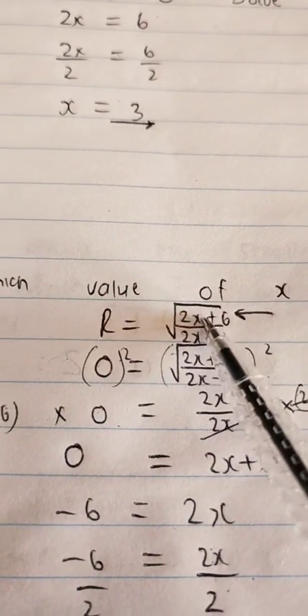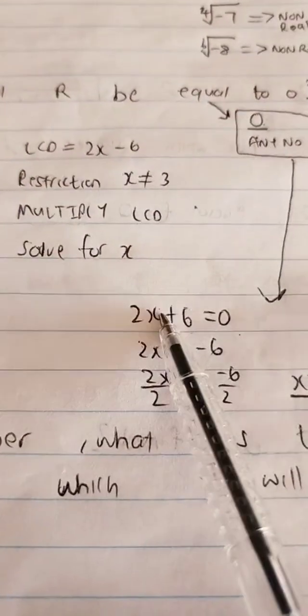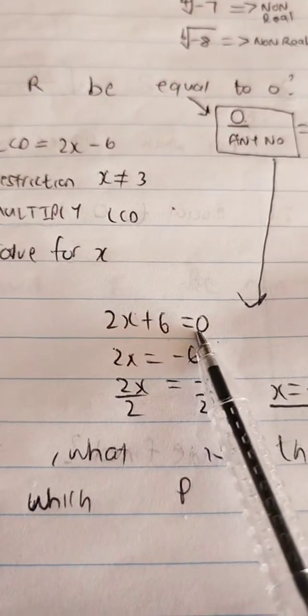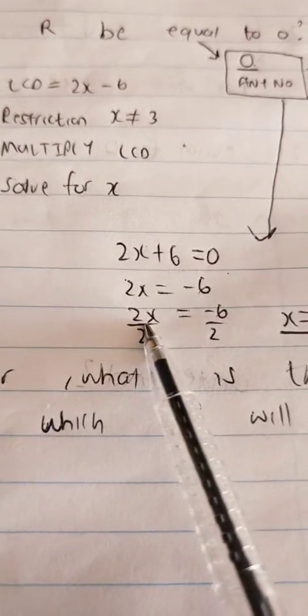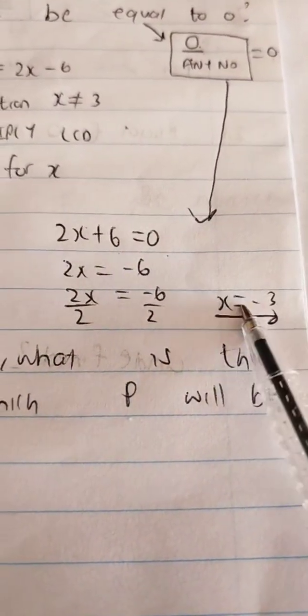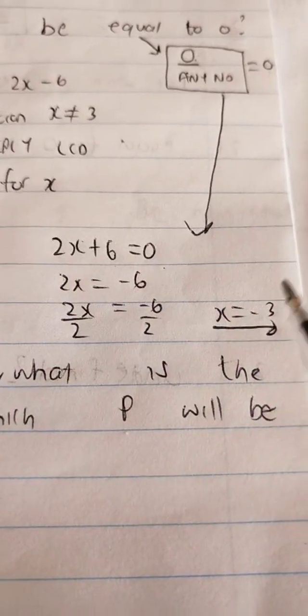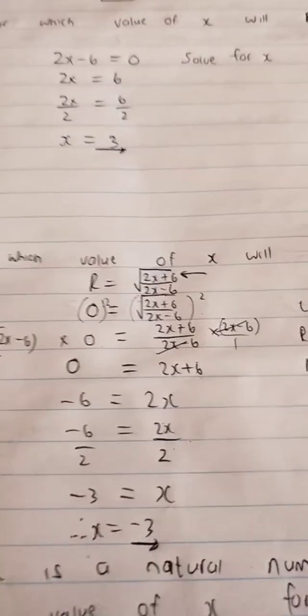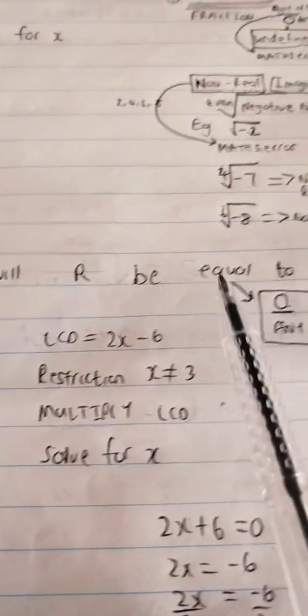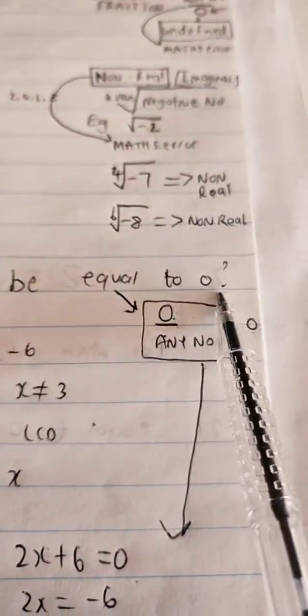And what we do to the numerator, we simply take it and equate it to 0. Then we solve for x, and we get x is equal to -3. This is the value of x that will make r be equal to 0.